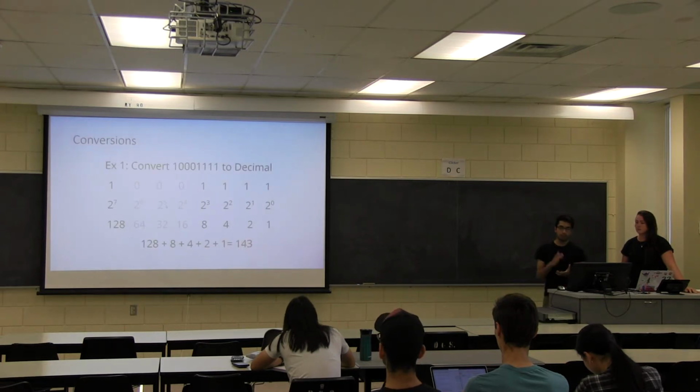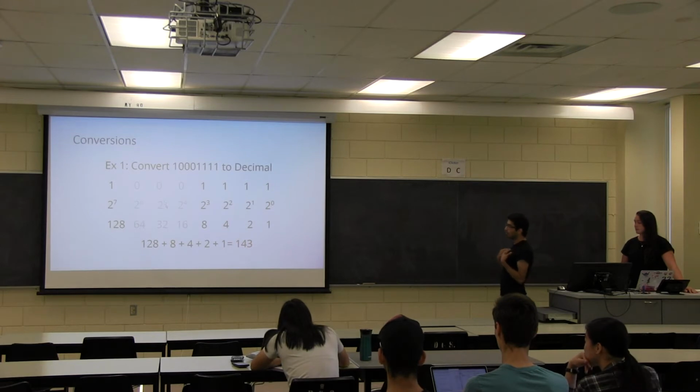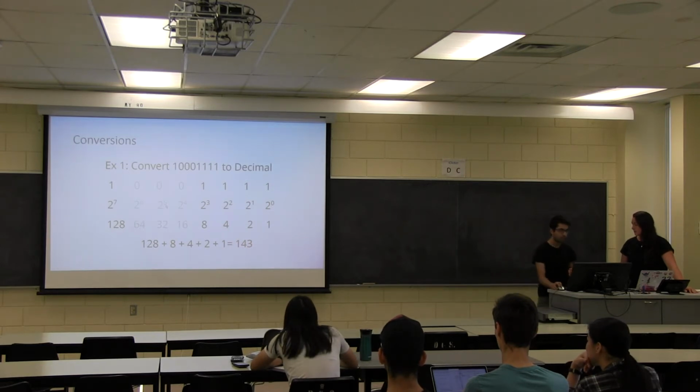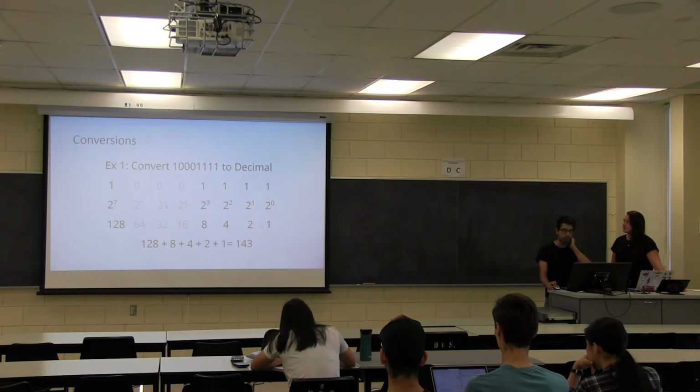So, converting from a binary number to a decimal number. How I would go about doing this is I would first write the binary number on the top row, and underneath it, because we know binary operates in powers of 2, I'll write the powers of 2 in increasing order from right to left, and underneath that you can write what each power of 2 equals.